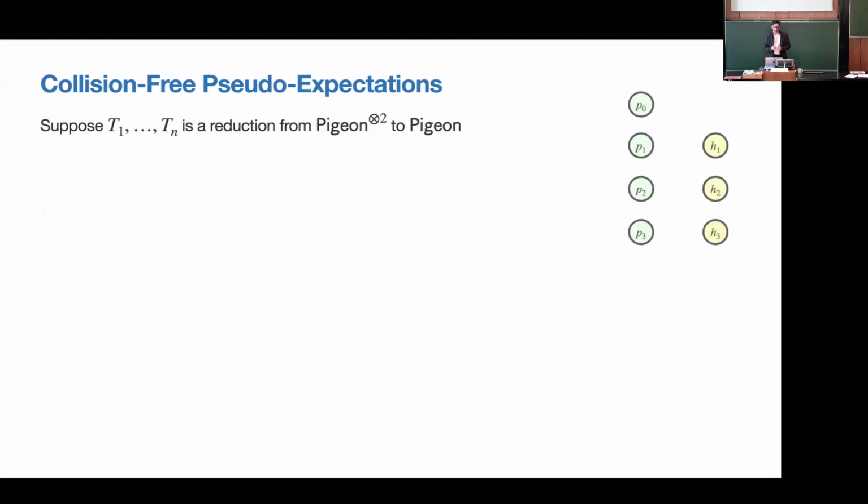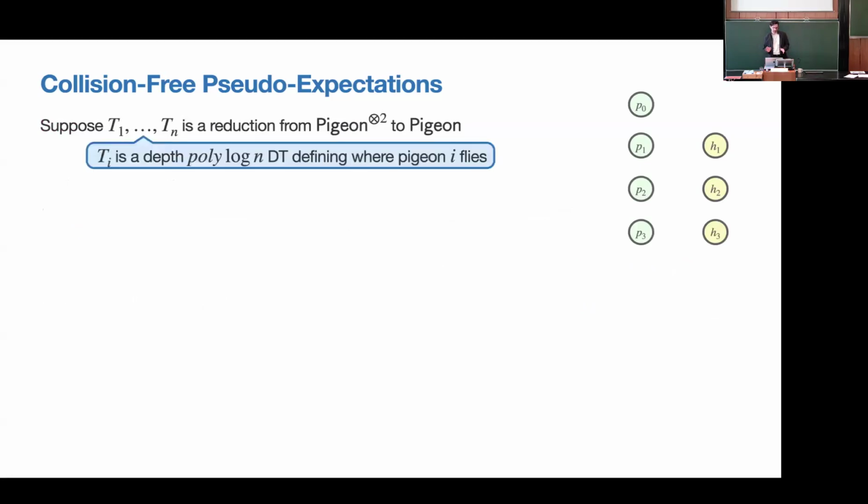Okay, so let's suppose that we have a reduction from pigeon squared to pigeon for contradiction. Each of these reductions is given by n decision trees, one for defining where each pigeon flies. For simplicity, I'm not going to assume that we have output decision trees. We have decision trees mapping an input to pigeon squared to pigeon.